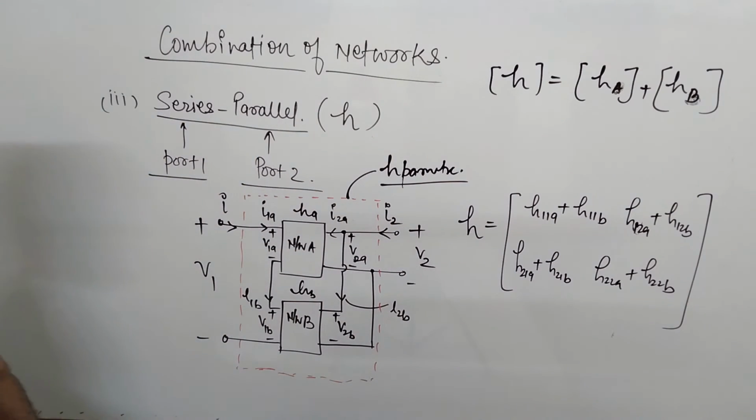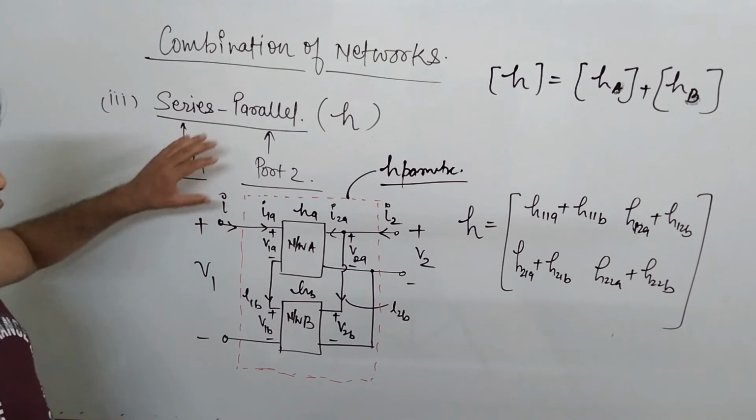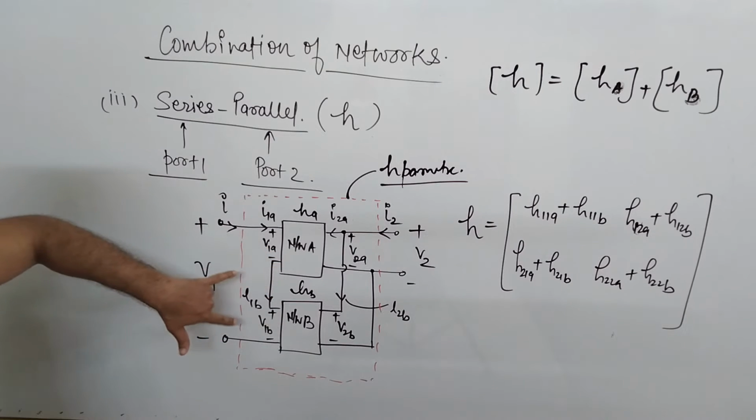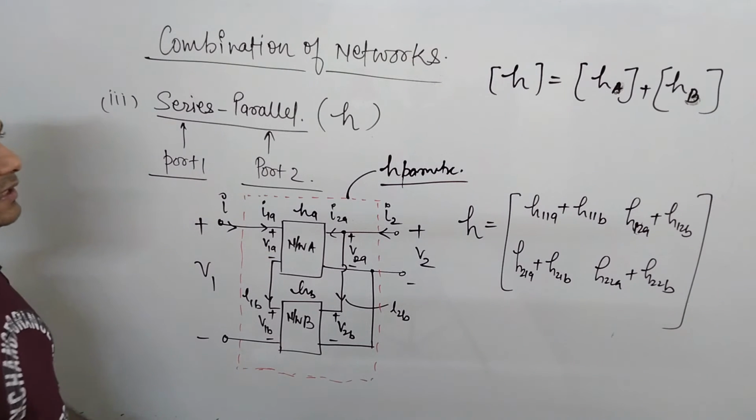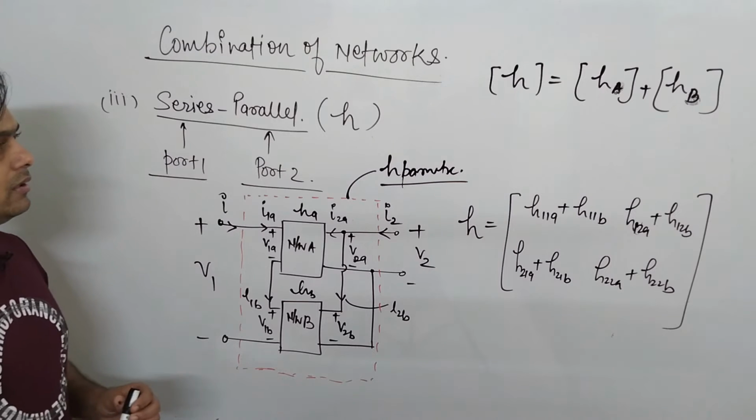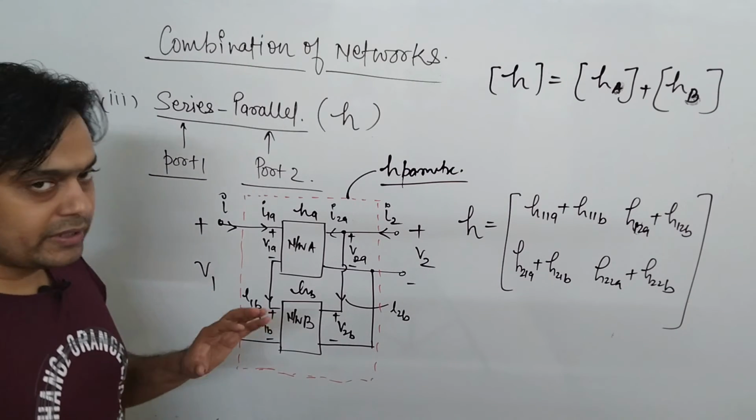So this is the H parameter of a two-port network when two different networks are connected in series parallel form. Okay, so you have to identify the networks.